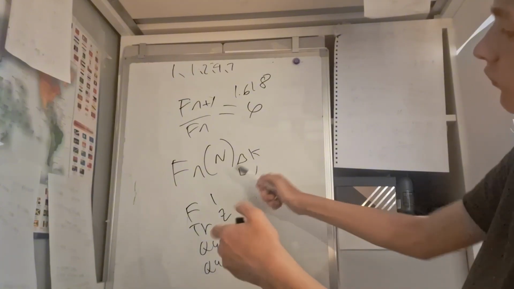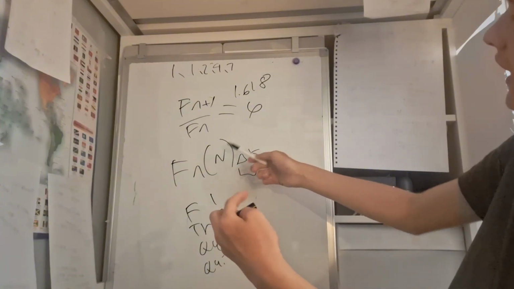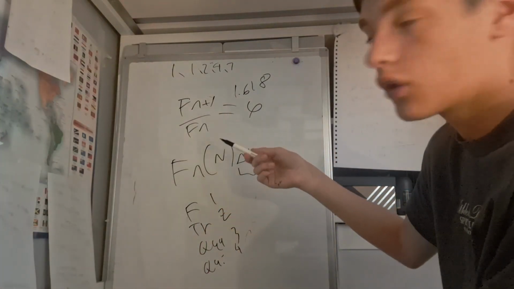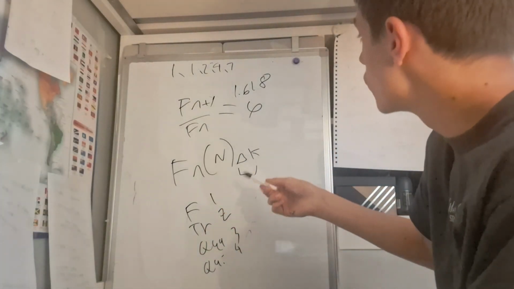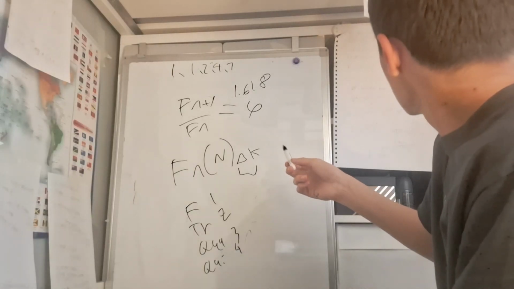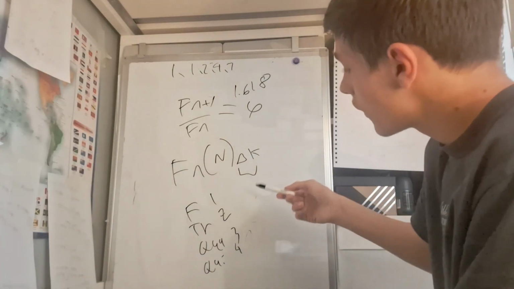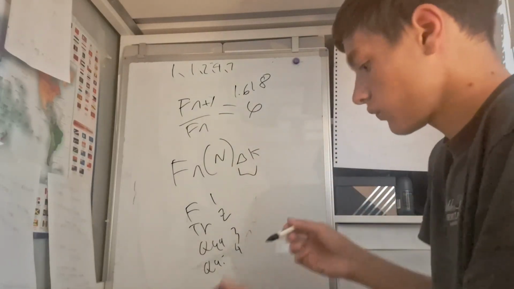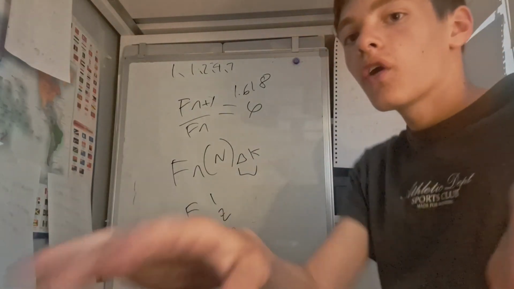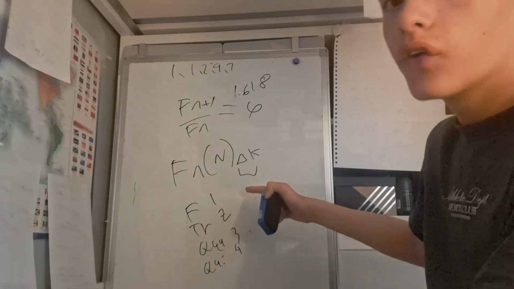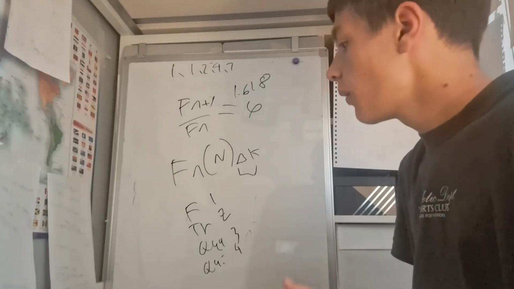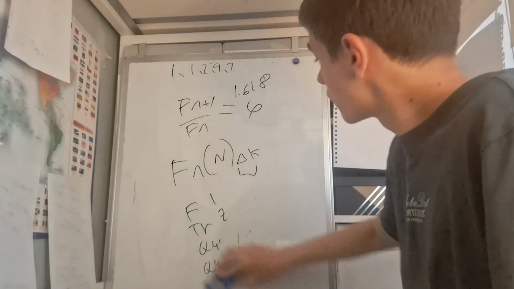So if you put 1 in here, it gives you the normal Fibonacci constant, the golden ratio. For 2 it gives you 1.839, and for 3 it gives you the next constant, and it continues and continues. This is a little bit complicated, so if you don't exactly understand, that's completely fine. But it's just very interesting.